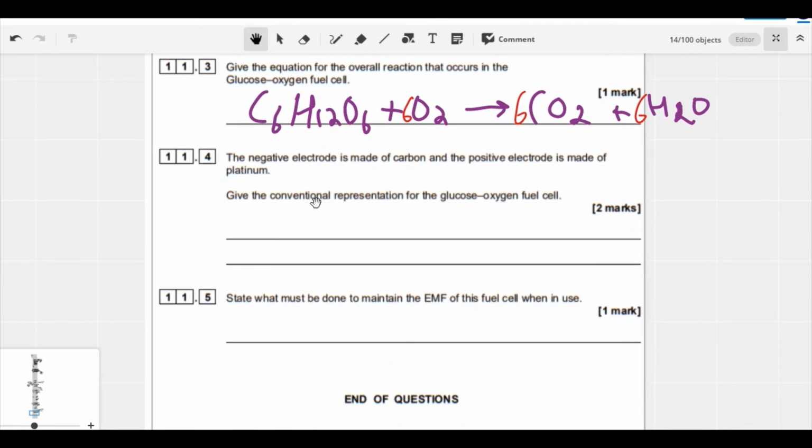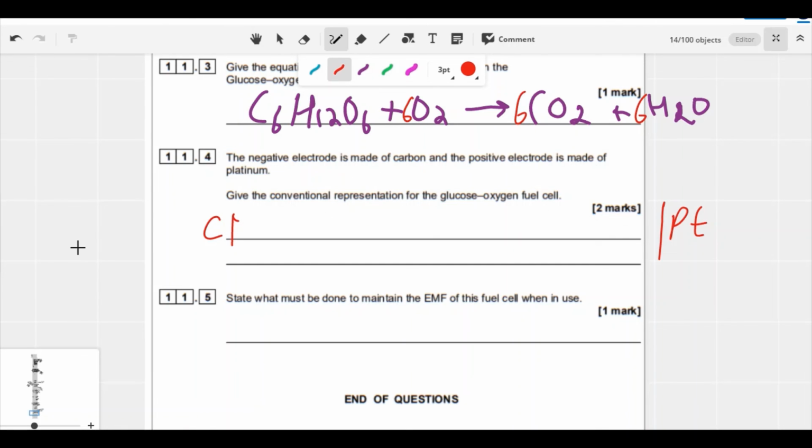Now 11.4. The negative electrode is made up of carbon and the positive electrode is made up of platinum. Let's suppose I write here carbon and here Pt. Now give the conventional representation for the glucose oxygen fuel cell.